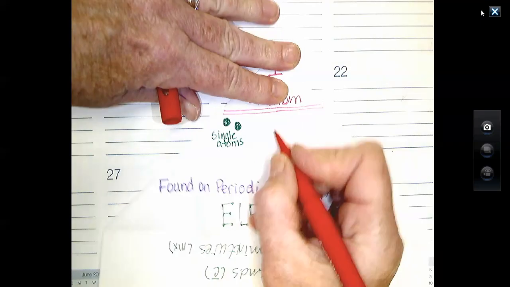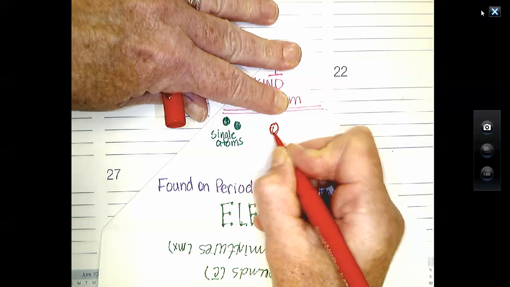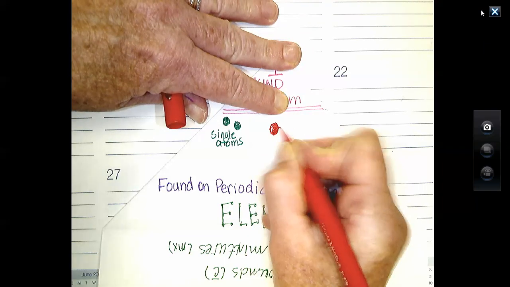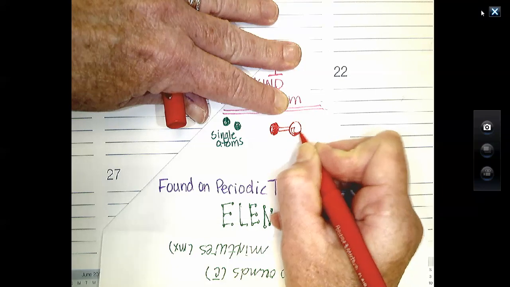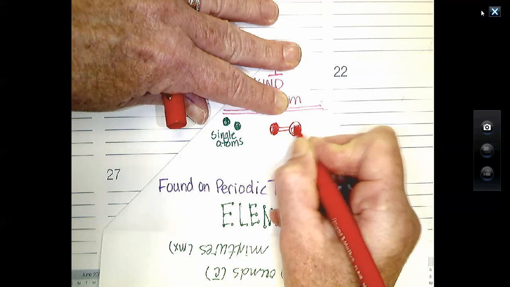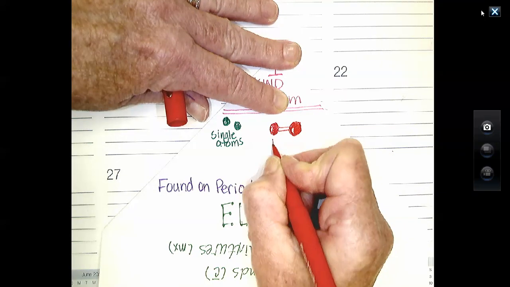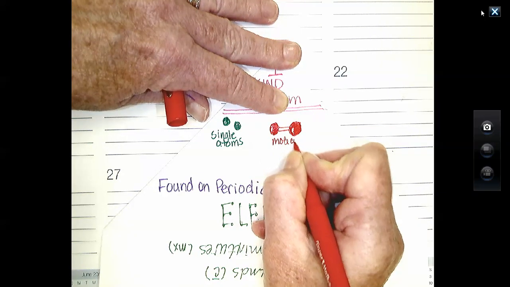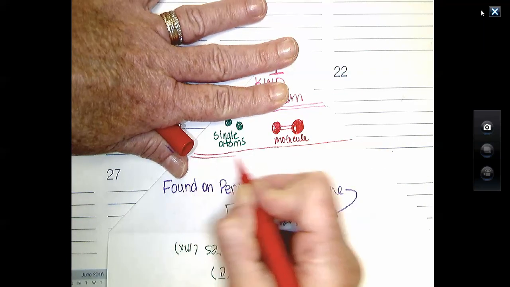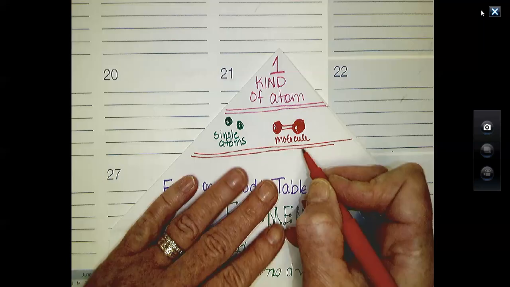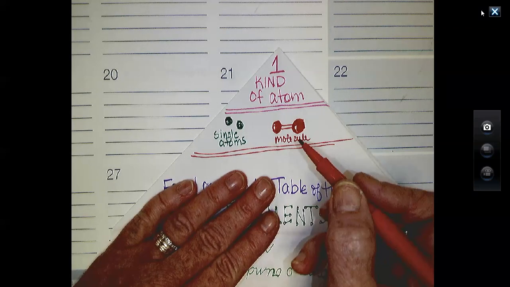For instance, the oxygen molecule. Okay, because remember, the definition of a molecule is more than one atom. But if they're the same kind of atom, it's still an element.